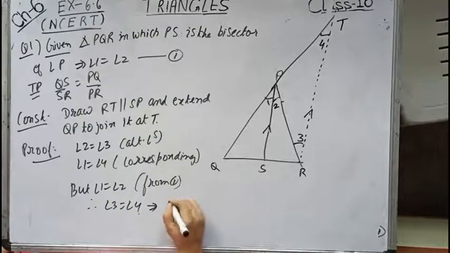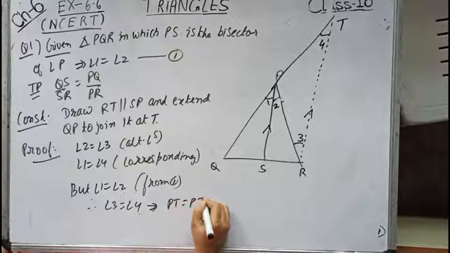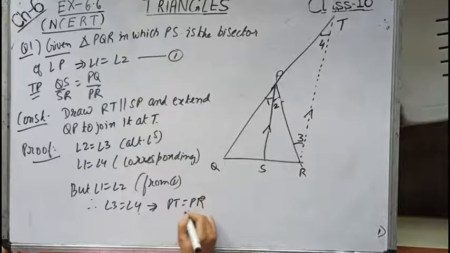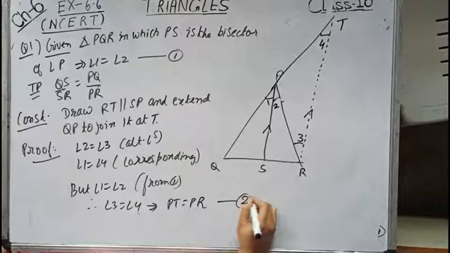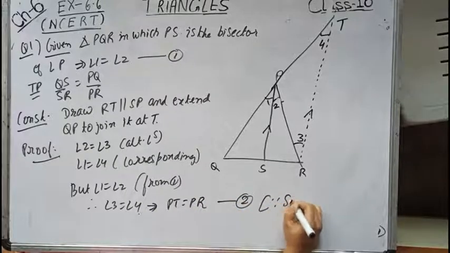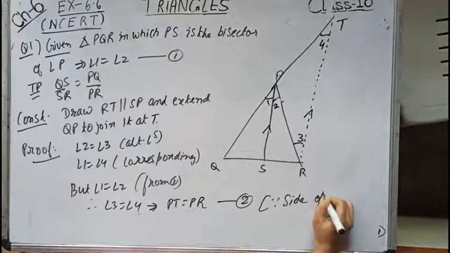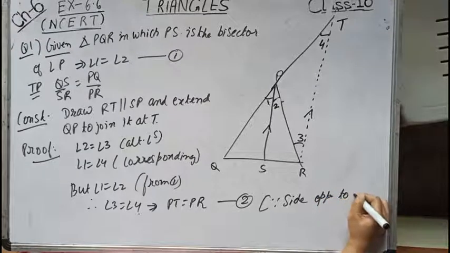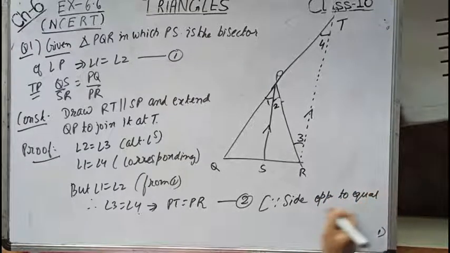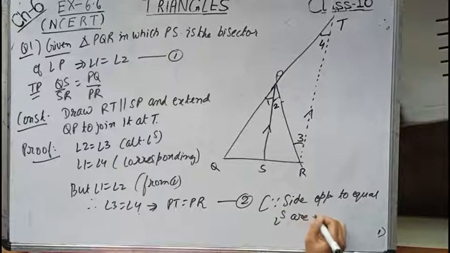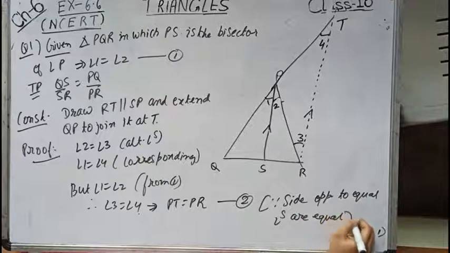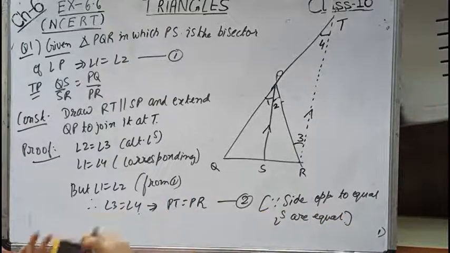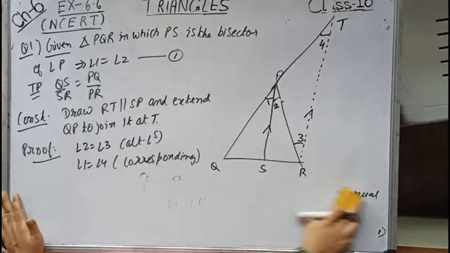Implies PT equals PR. Make it equation number 2. The reason: sides opposite to equal angles are equal. Now PT equals PR, keep this much in mind.